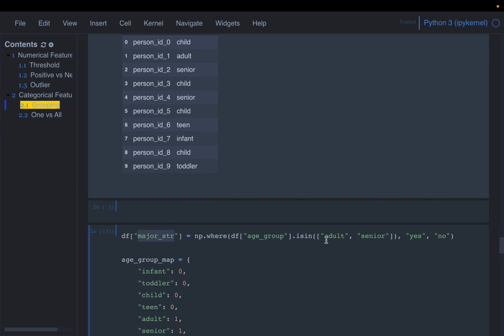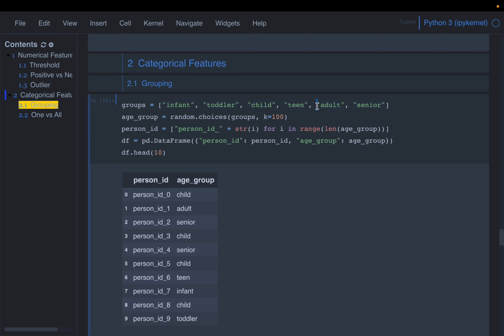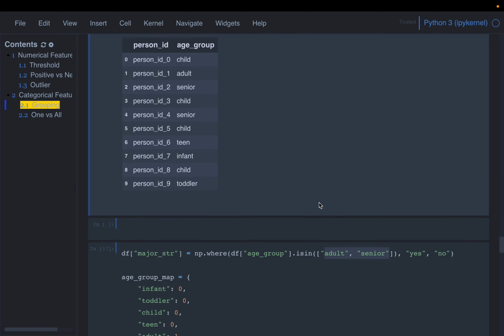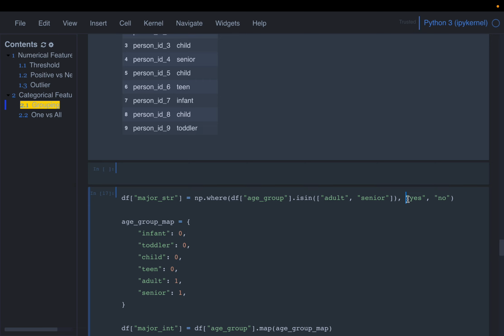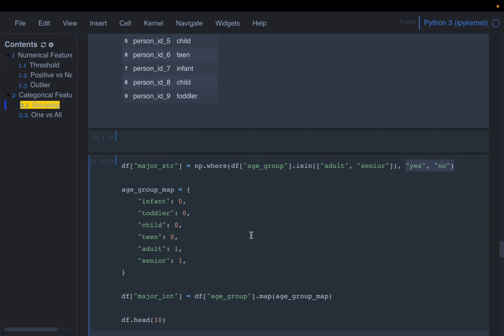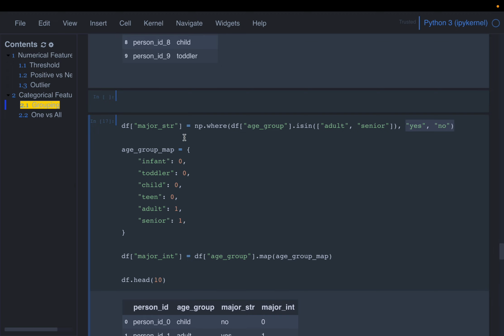In major, we are considering only the adults and seniors from this group. The rest, all these four categories, we are not going to consider as majors. So that's how we built this major-or-not string.